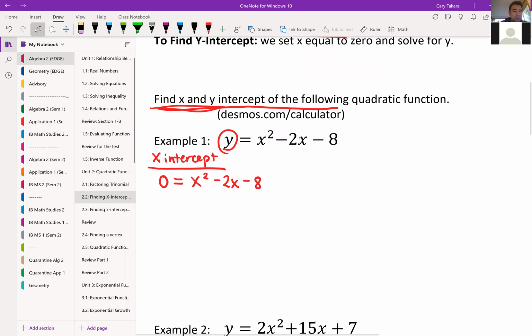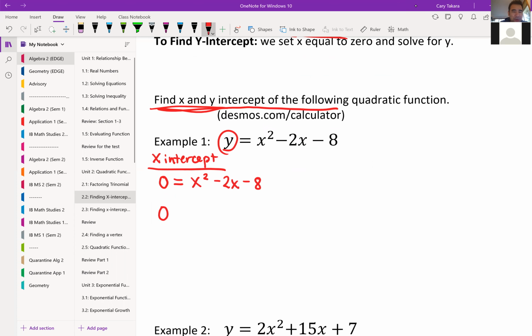Next, what we're going to do is factor this. Now, you've been working on this, right? We've been working on factoring since yesterday. So let's factor that. So the second step is that we factor. Let me give you 1 minute to do that.